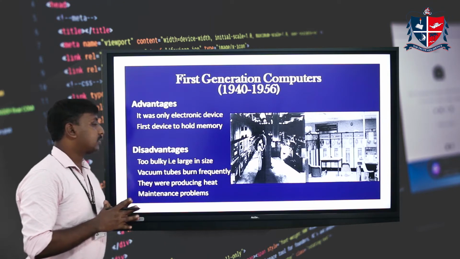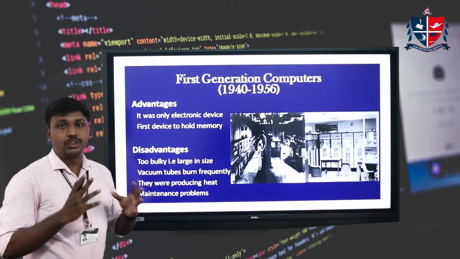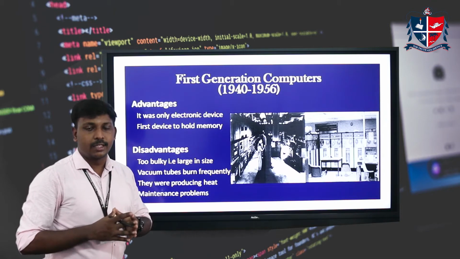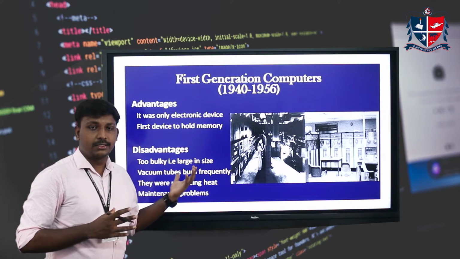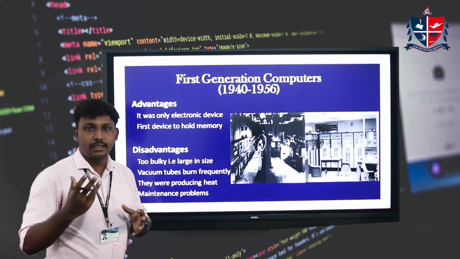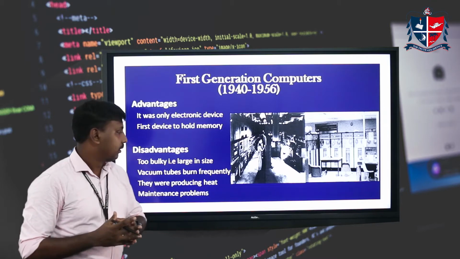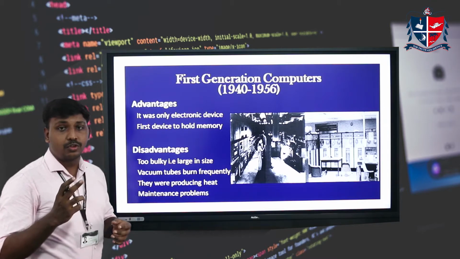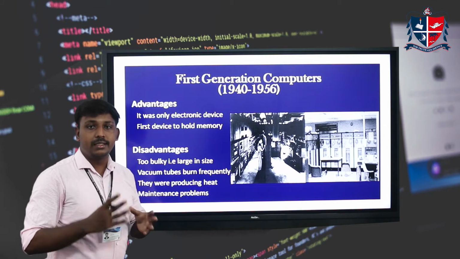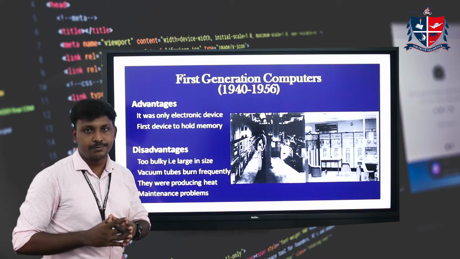The major advantage is that it was the first electronic device which held memory to keep instructions as well as commands. The major disadvantages, as I mentioned earlier, are that it consumes too much electricity as well as emits too much heat. And you can see these vacuum tubes are made of glass tubes which burned out continuously, which increased the maintenance cost of first generation computers.